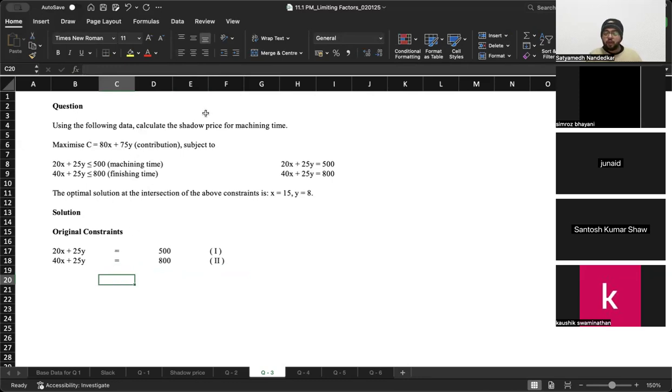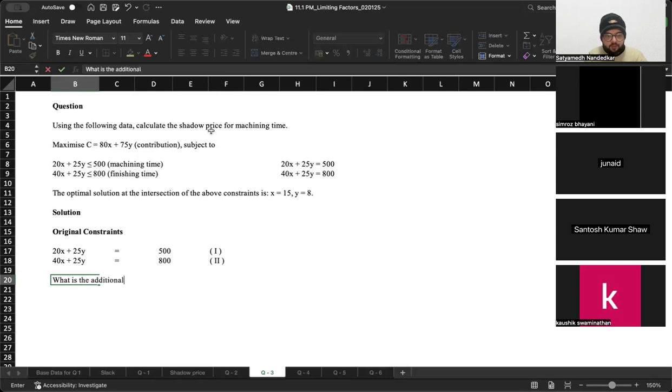If they want you to calculate shadow price per machine hour, that means what is the additional contribution achieved if I have one more unit of machining time.